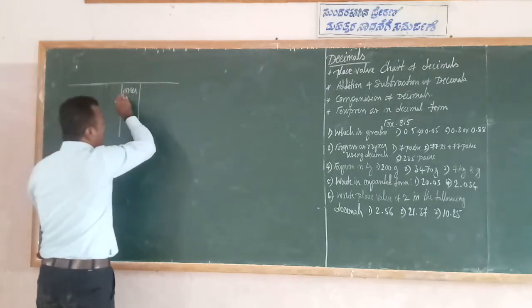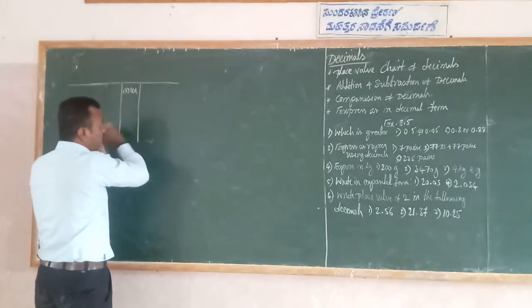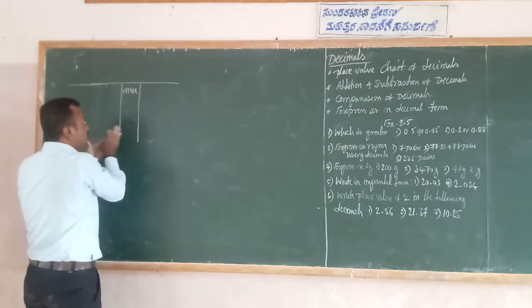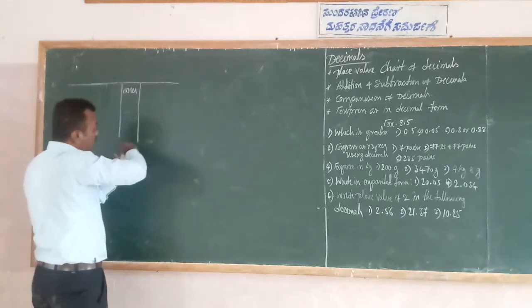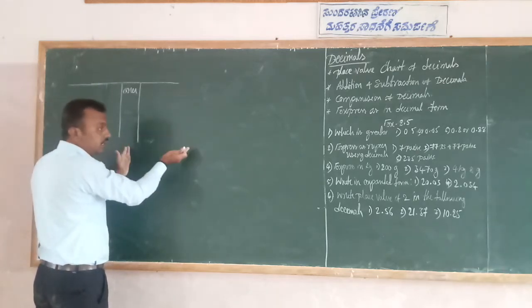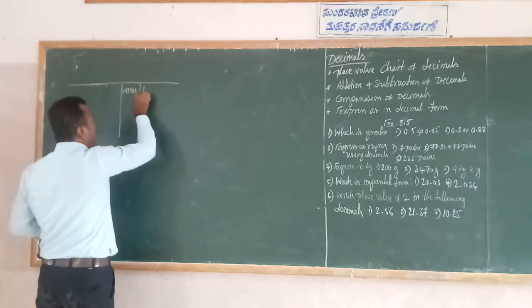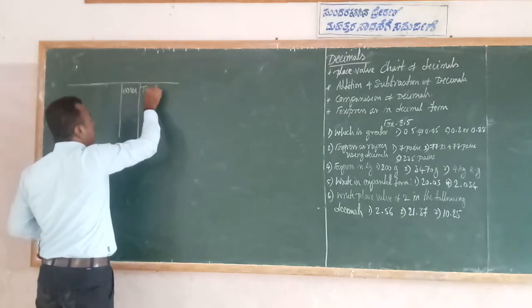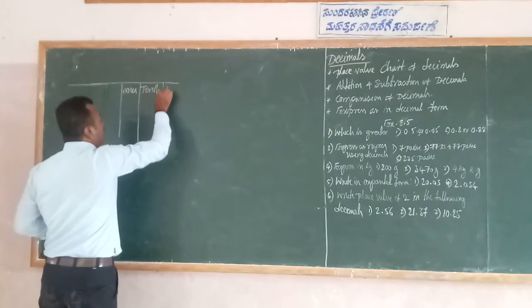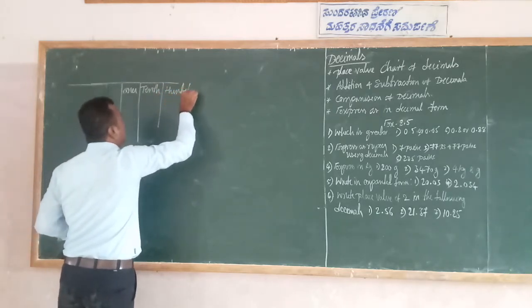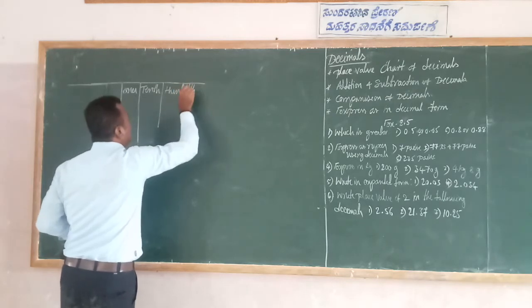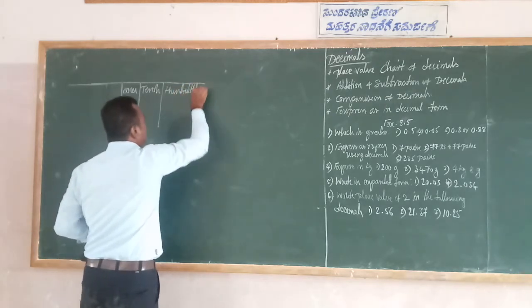After that, the point, and before it on the left side, as usual in the number system chart. On the right side of the point, the first digit we call tenth, the second digit we call hundredth, next thousandth.